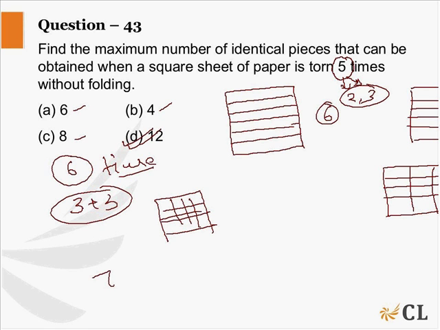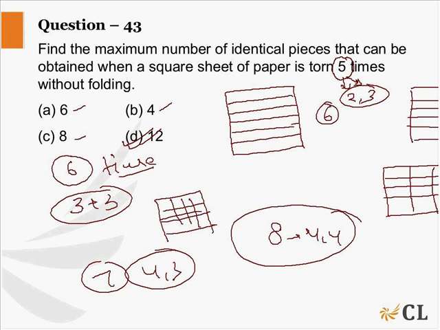Okay, if there are 7 times, so 4 and 3. If there are 8 times, then 4 and 4. This will always give you the maximum number of pieces. Okay, so whatever number is given instead of 5, you can find the answer easily now. Just make sure that the 2 parts should be as close as possible.